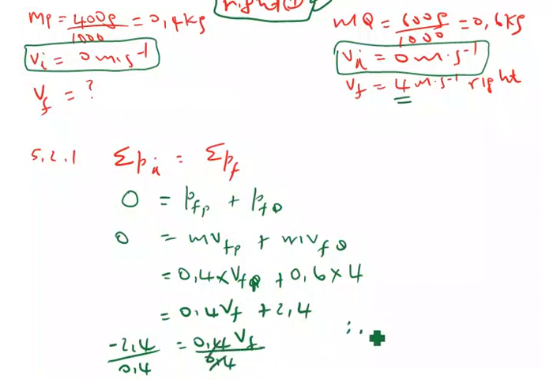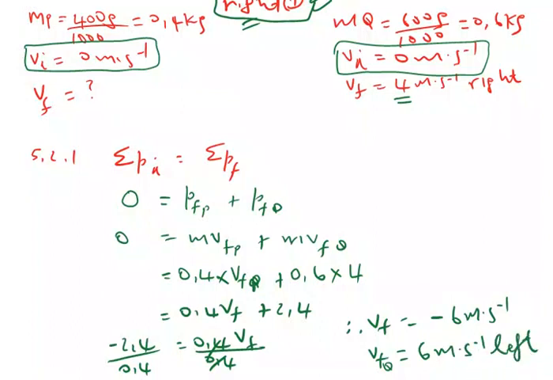Therefore, the final velocity is equal to minus, divided by 0,4. It's minus 6 meters per second. Remember we said take right as positive, which means this minus 6 is left. The final velocity of P is 6 meters per second to the left.